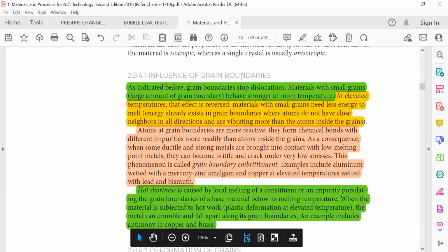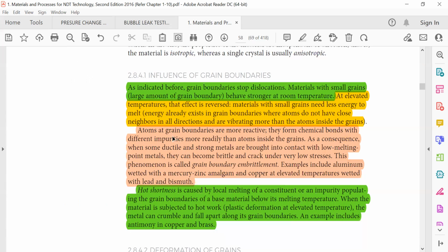Influence of grain boundaries. Atoms at grain boundaries are more reactive than the atoms in the grains. They form chemical bonds. The grain boundaries stop dislocations. So with small grains, a large amount of grain boundary, we have a stronger material at room temperature.